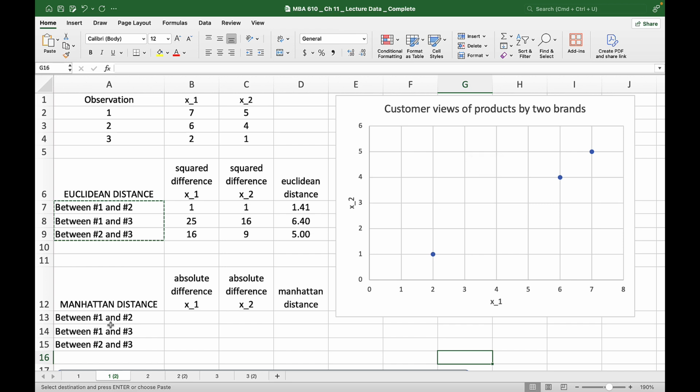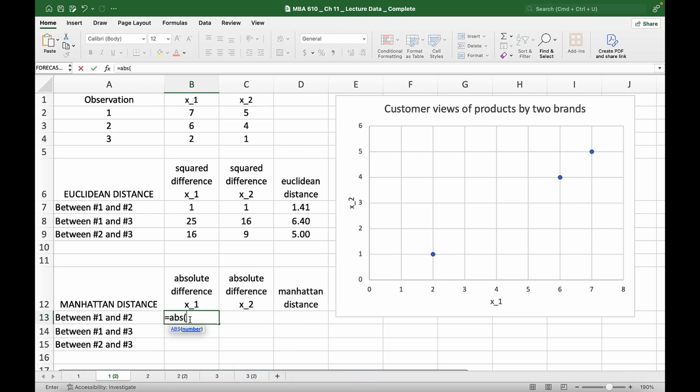So if we take a look first between person 1 and person 2, with regard to the number of Patagonia products they looked at, we use the absolute value function and we say 7 minus 6, right? There's a difference of one view.